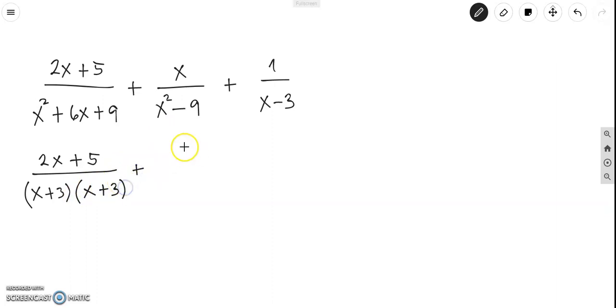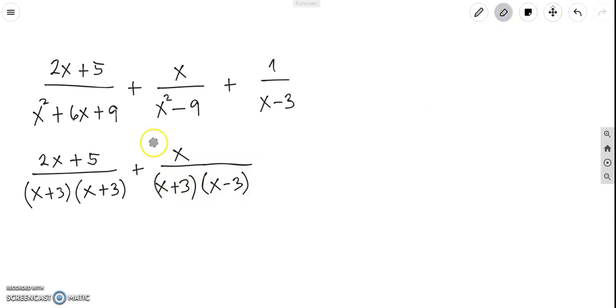plus x over x plus 3 and x minus 3, and then plus 1 over x minus 3.